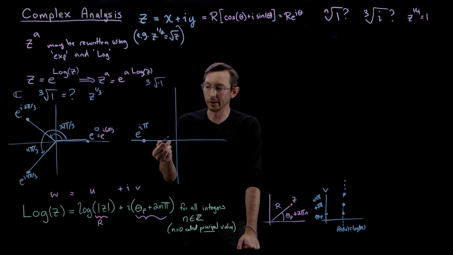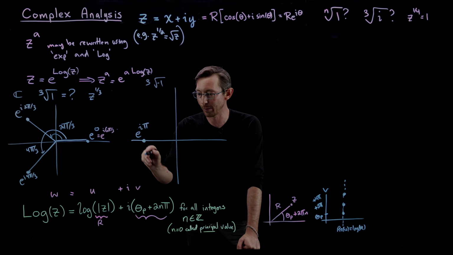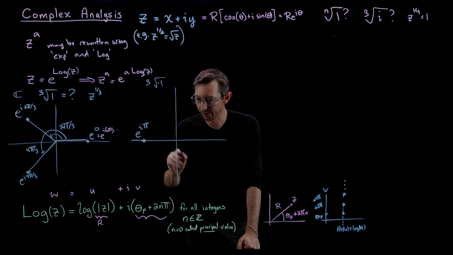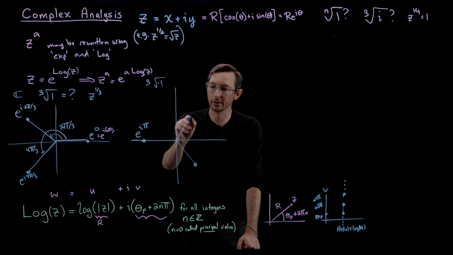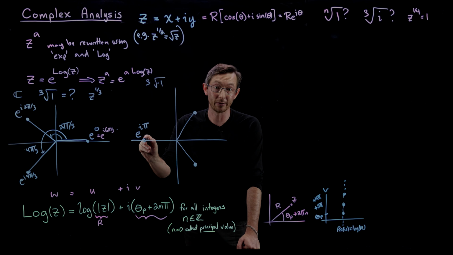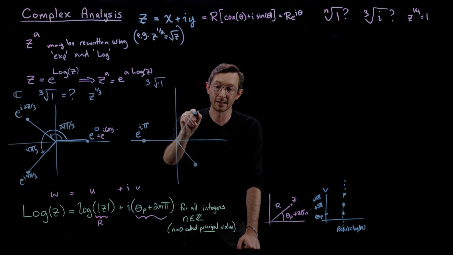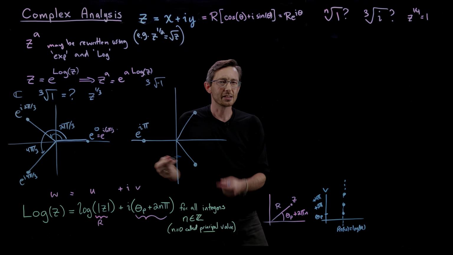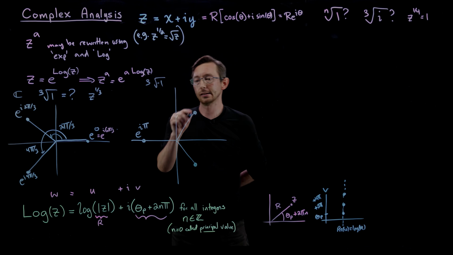And again, what I'm going to do is take 2 pi thirds and add 2 pi thirds to this. So 2 pi thirds gets me here. And I'm going to add 4 pi thirds, which gets me here. And if I added 6 pi thirds, I'd rediscover this point again. If I added 8 pi thirds, 10 pi thirds, 12 pi thirds. So there's only 3 unique versions of this.